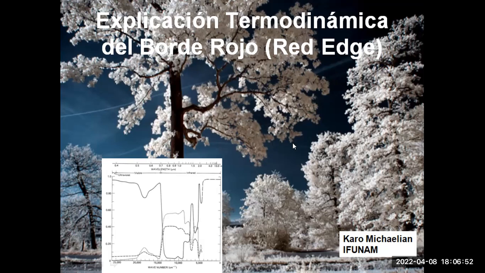The leaves are very reflective, and that's why they are white in the infrared. Most of the photons are being reflected by the leaves, not absorbed at all. It's interesting also to note that the trunks, in fact, do still absorb in the infrared, but not the leaves.